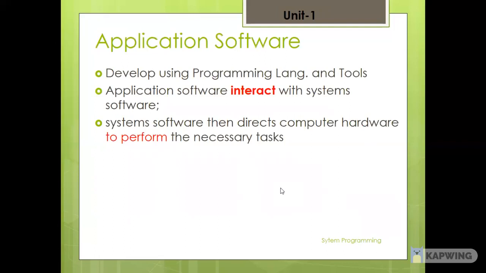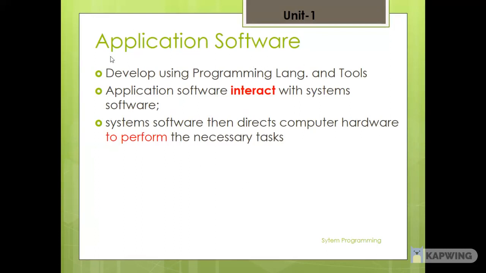Then application softwares are developed using programming languages and tools. We are using different types of programming languages: C, C++, Java, Python, and .NET, with which we develop applications. And different types of tools and IDEs are used for development. That is nothing but your application software.